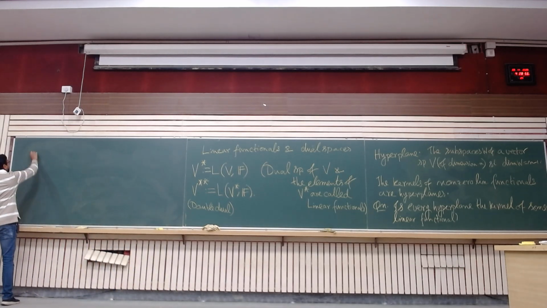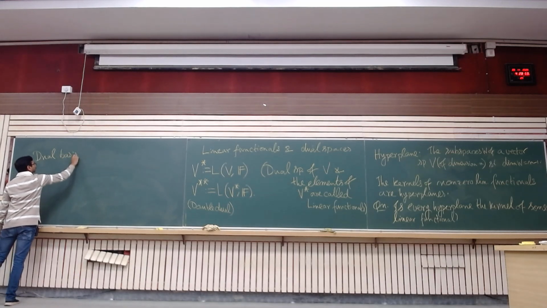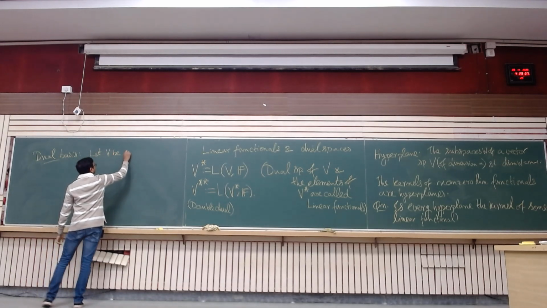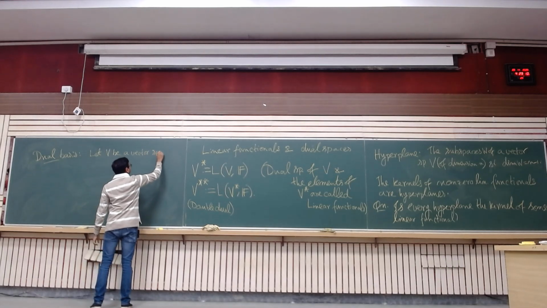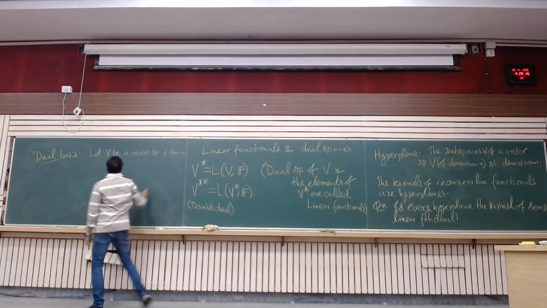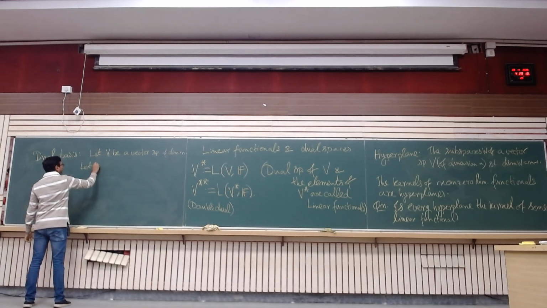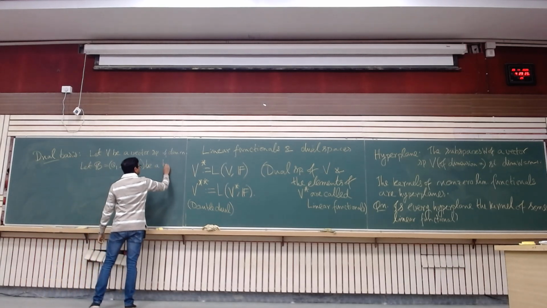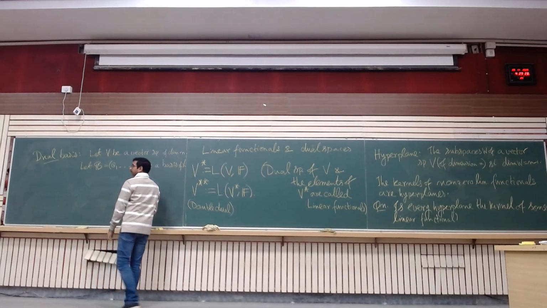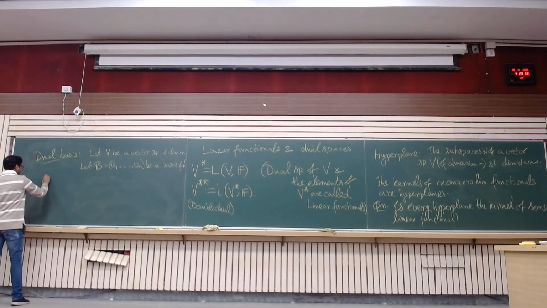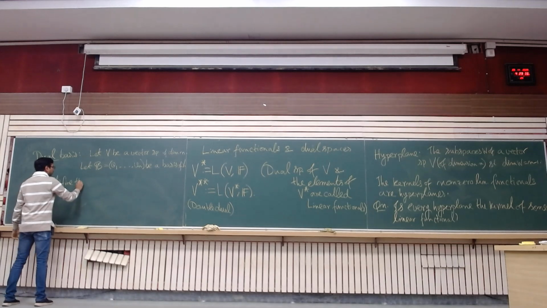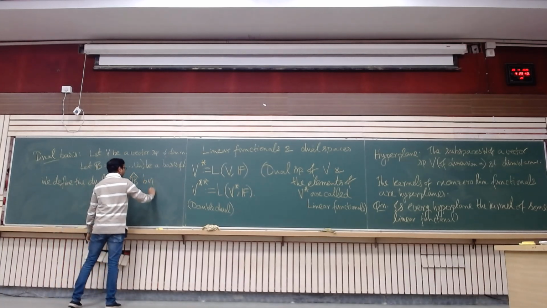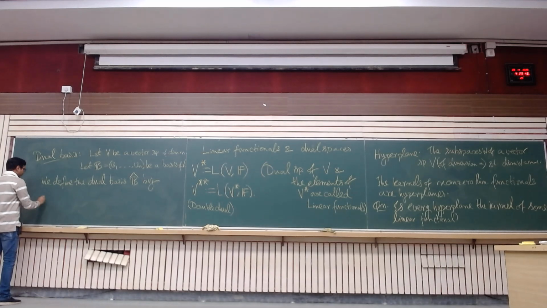a dual basis. Suppose V is a vector space of dimension n, and let B equal to {v1, ..., vn} be a basis of V. We define the dual basis as follows.